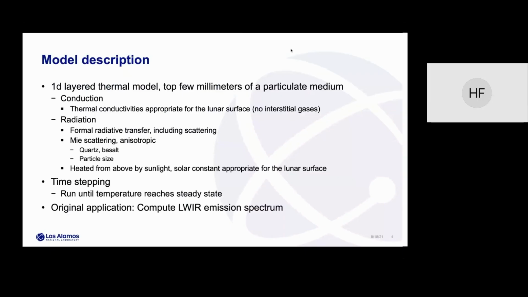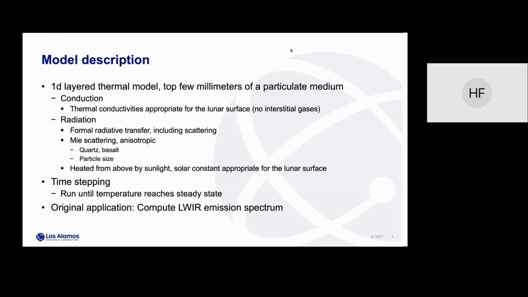To look at this problem, we used a one-dimensional layered thermal model of the top few millimeters of a particulate medium, and that model includes both conduction and radiation. Thermal conductivities are appropriate for the lunar surface with no interstitial gases. For radiation, we used formal radiative transfer theory, with the scattering parameters computed using Mie theory, assuming anisotropic scatterers.